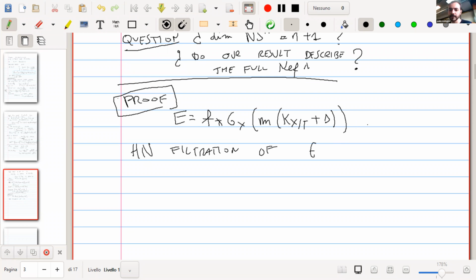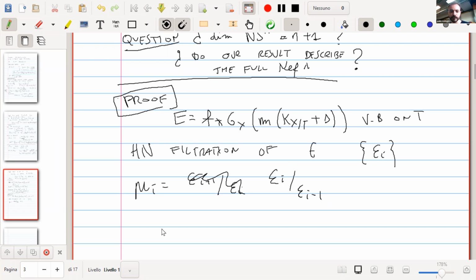This is a vector bundle on T, so we do slope stability for this vector bundle. We have the Harder-Narasimhan filtration of E, which will be denoted by E_i, and then I have the slopes mu_i, which is E_i divided by E_{i-1}.